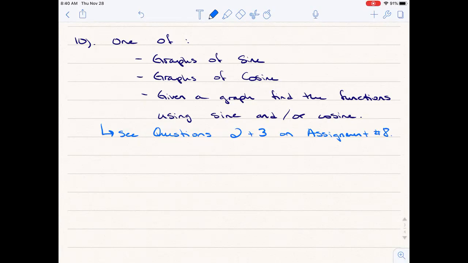In fact, I think those are the ones I threw on here, just for more practice.